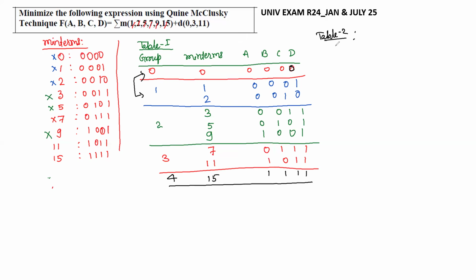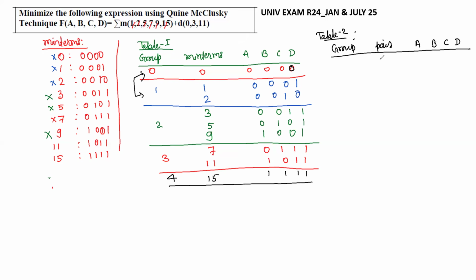So we'll again have a table with group, pair, and variables, that is the literals A, B, C, D. Sometimes it may take more time as well as space, so you have to manage accordingly.